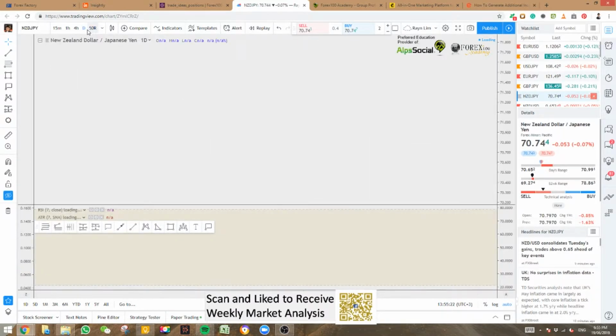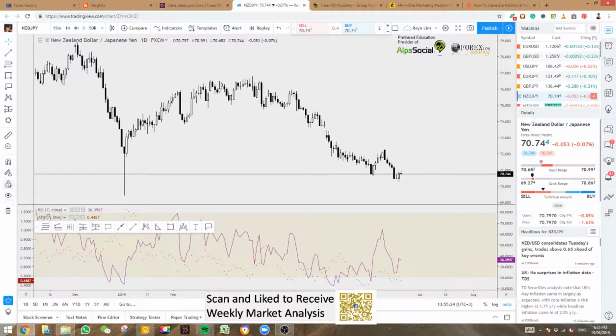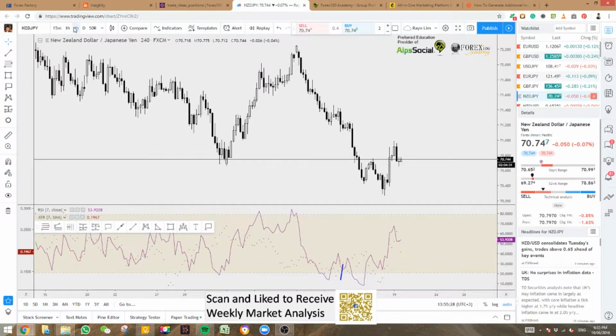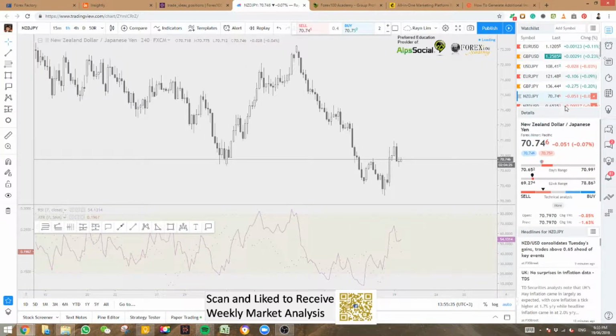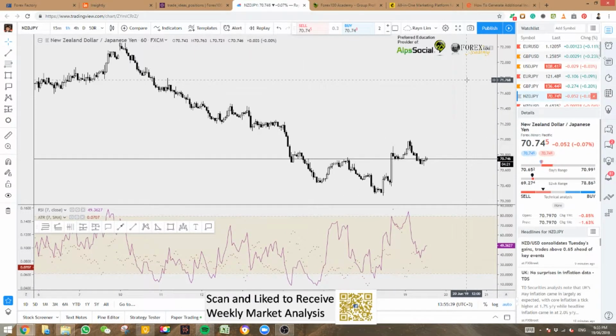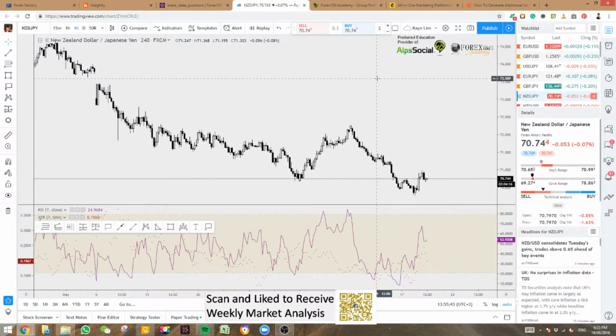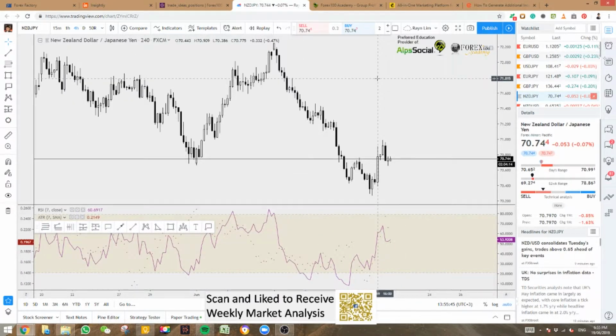I'll share with you my analysis. Daily chart, nothing much. To the 4-hour, nothing much for now. 1 hour. Okay, so this is very much a new pattern, I believe so. Over here, can you spot it?